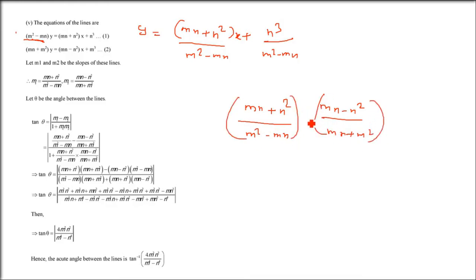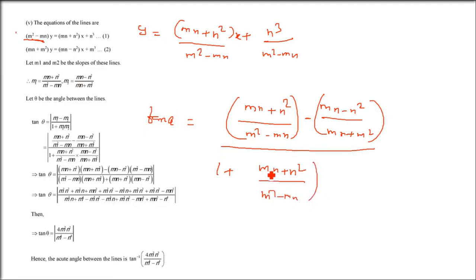And this is m1 minus m2, tan theta we need to find out, by 1 plus m1 m2. So mn plus n square by m square minus mn, multiplied by mn minus n square by mn plus m square. So what do you get? I'm going to tell you here only.